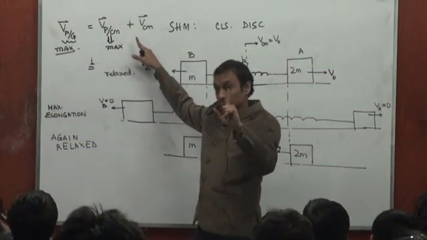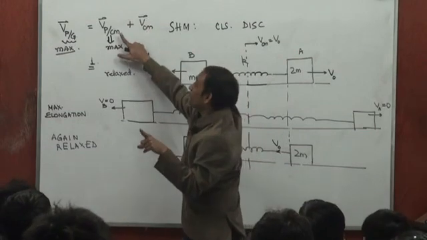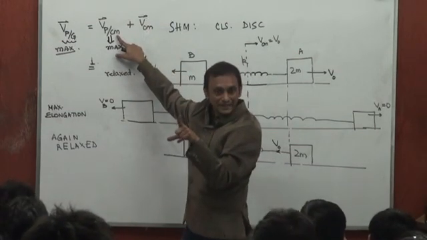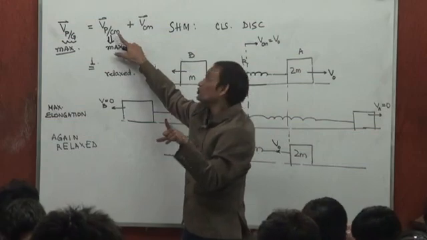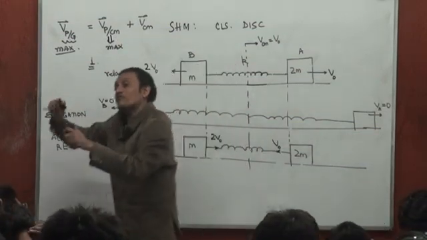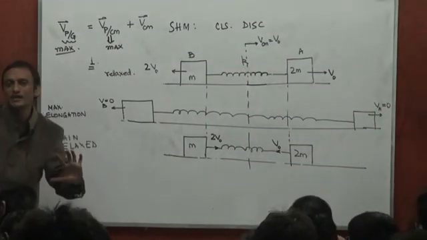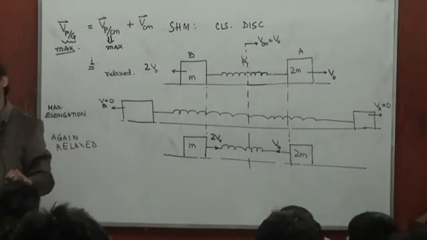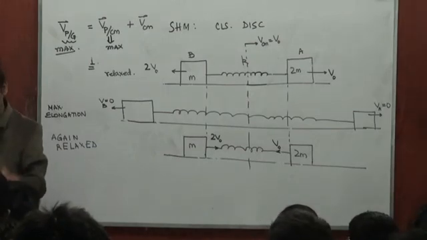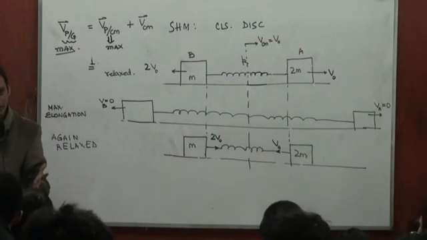Right? Number two, if VCM is not changing with time, then this must also be a maximum. So they must be in the same direction, and the magnitude of the velocity in the center of mass frame must be the largest it could be. When these two conditions are met, then the velocity from the ground frame will be the largest. Have you understood this?